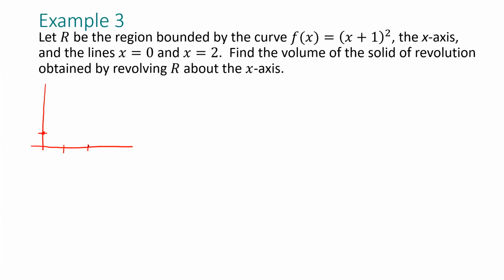And then when x is 2, we get 3 squared is 9, so something up here. Okay, so this is our little region, and we're going to form our solid just by taking this region and revolving it around the x-axis.